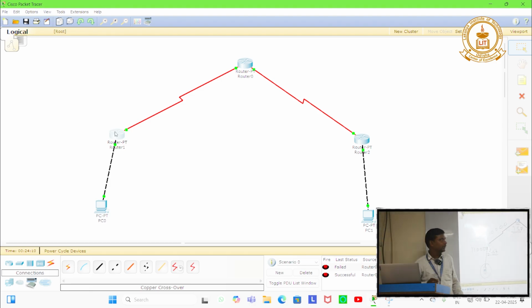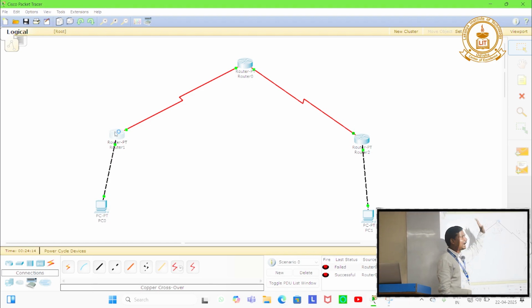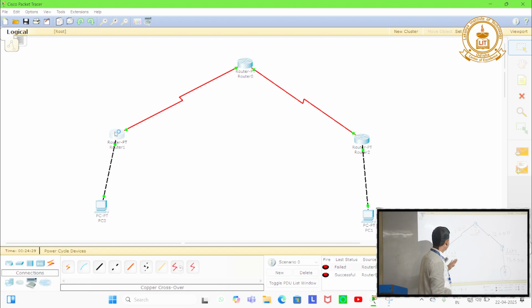In a routing protocol, first we find out how many networks are directly connected to each router. In the ISP router, 2 networks are directly connected: one is the 10.0.0.0 network and the other is the 12.0.0.0 network. In the LIT router, the 11.0.0.0 network and the 10.0.0.0 network are directly connected.